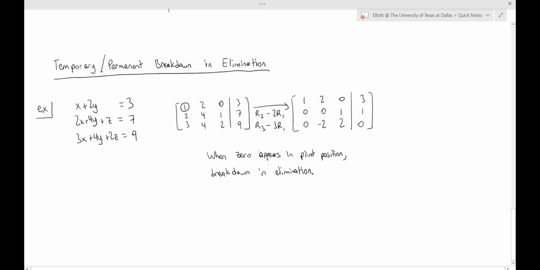And then they distinguish between two types of breakdowns. So temporary breakdown. This is when you are able to fix the problem by swapping rows.